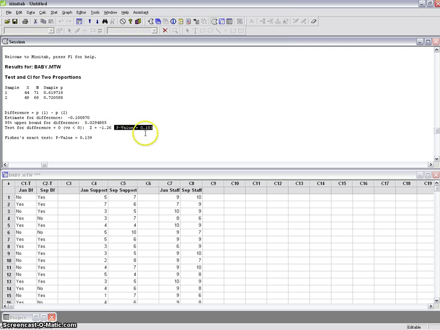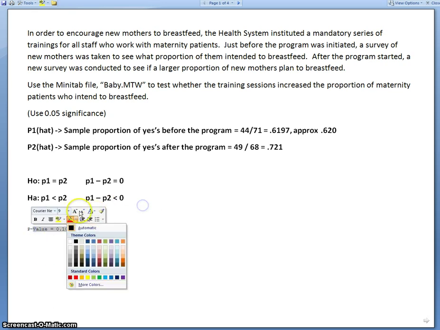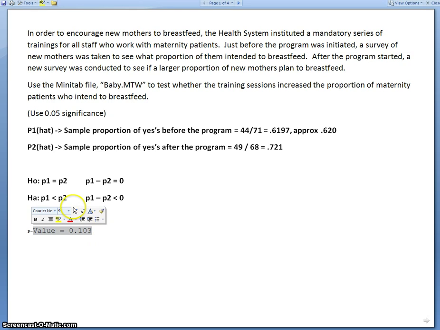Our p-value, I'm going to copy this and paste it. I can make this a little larger. The p-value is 0.103. And our alpha level, our level of significance, is 0.05.